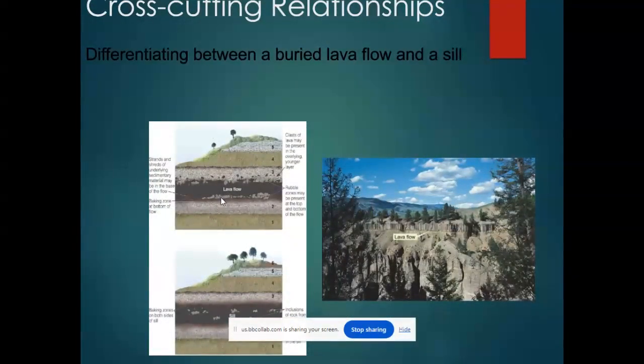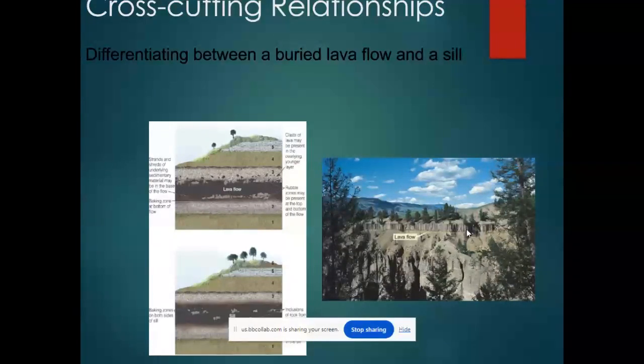An inclusion is a piece of one rock that goes in another kind of rock. If there's, say, sedimentary rock in the igneous rock, then the sedimentary was there first and it got melted into, included into the magma. If, on the other hand, there is part of the igneous rock in the sedimentary rock, then that means that the igneous rock was there first, it eroded, and pieces of it wound up in the sedimentary rock.